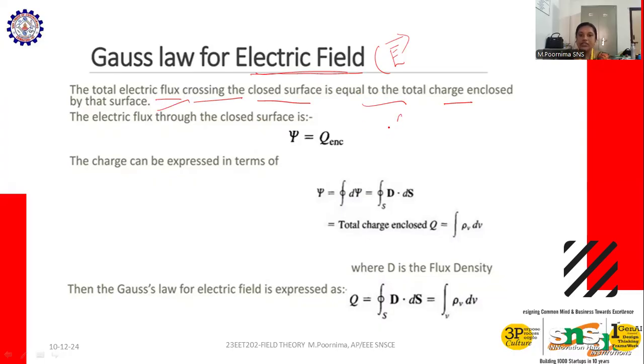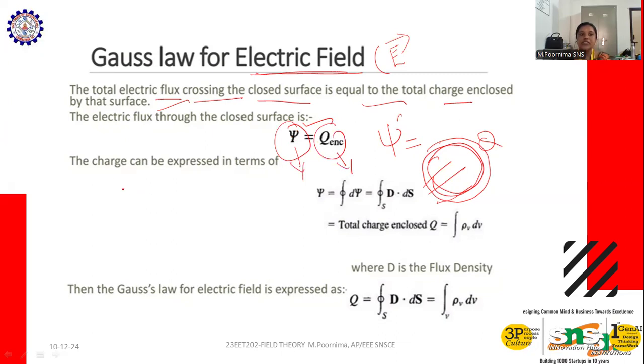The total electric flux through a closed surface is equal to the total charge Q enclosed by the surface. The charge can be expressed in terms of the flux.